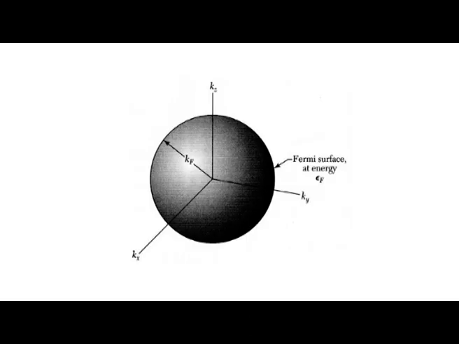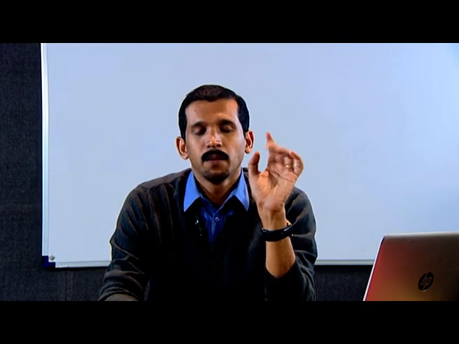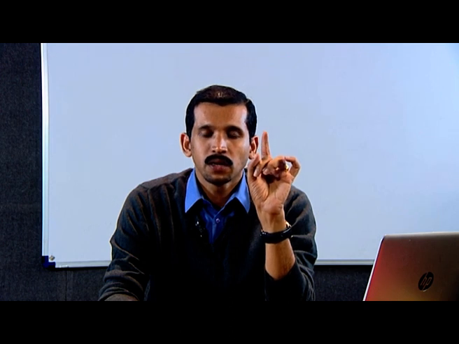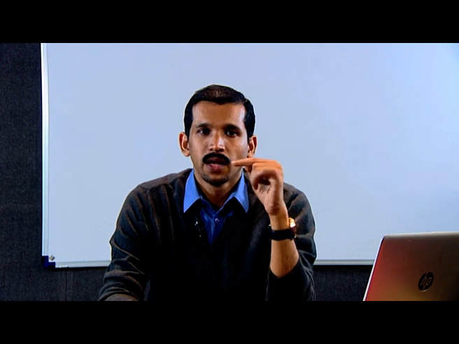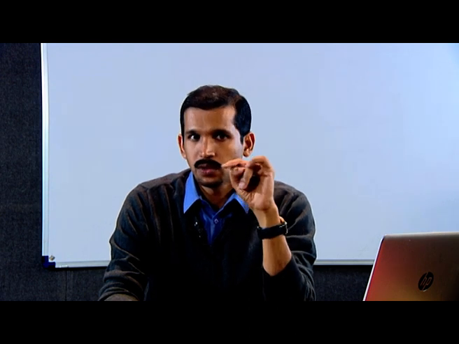The answer is very simple, because you basically divide the volume of the Fermi sphere by the volume of one electron state. But one thing to be remembered is that we have to always multiply it by 2 if we really need the number of electrons.